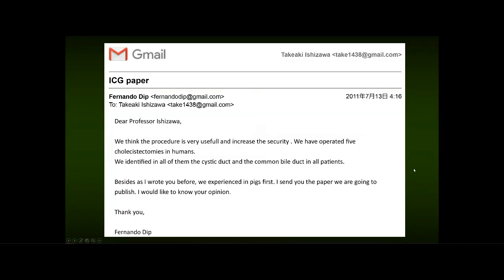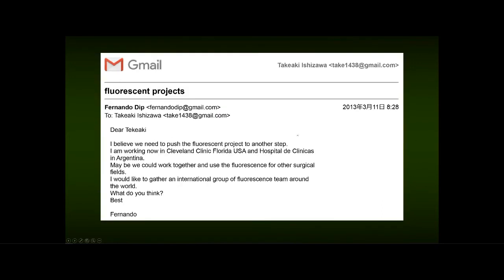So please let me know the background and how to use ICG like that. But to be honest, I thought that this mail would be a kind of spam mail because I didn't know Dr. Fernando Deep.